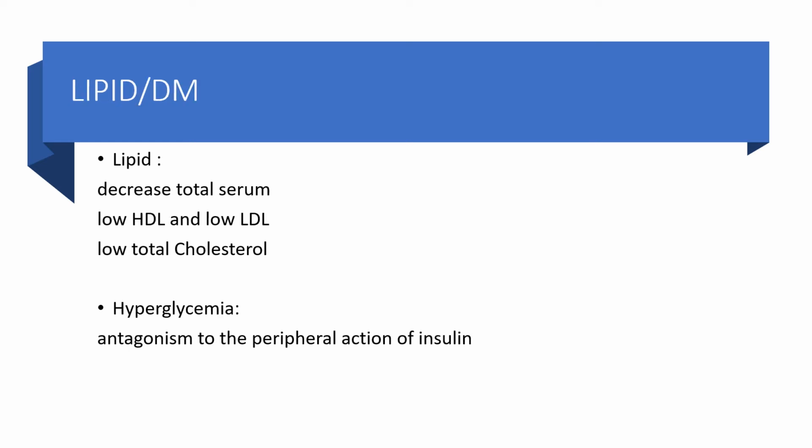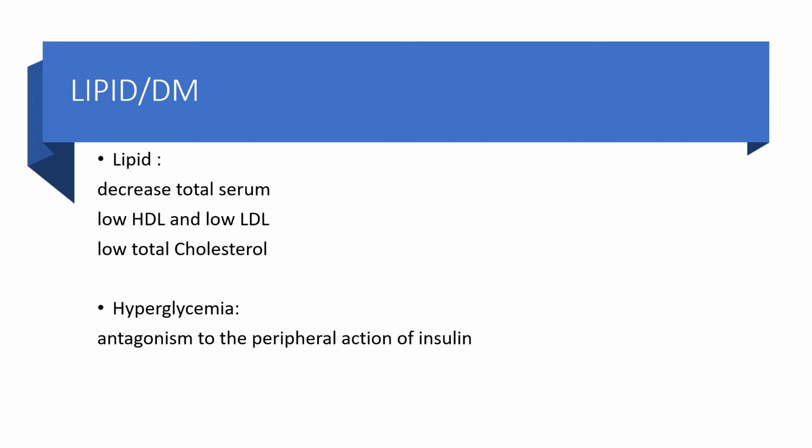Lipid and diabetes mellitus. In lipid, hyperthyroidism will alter some stuff, giving us decreased total serum lipid, giving us low level of high density lipoprotein and low level of low density lipoprotein with low total cholesterol.